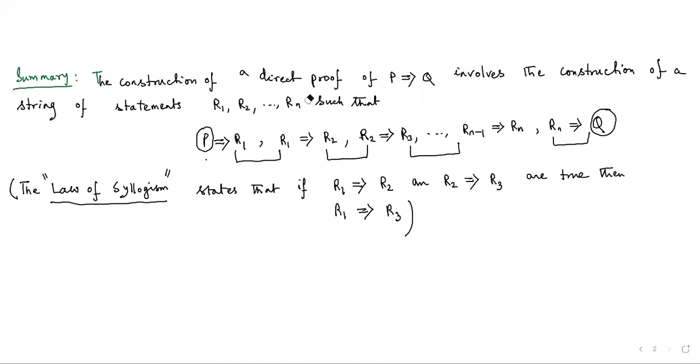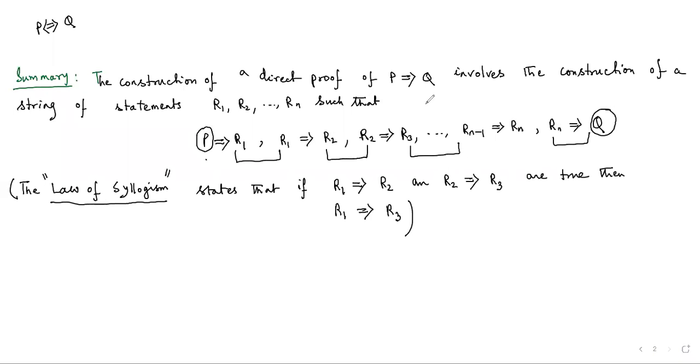If someone asks me to show that P implies Q as well as Q implies P, then we will write that P implies R1, R1 implies R2, and Rn implies Q, and that will be one part.